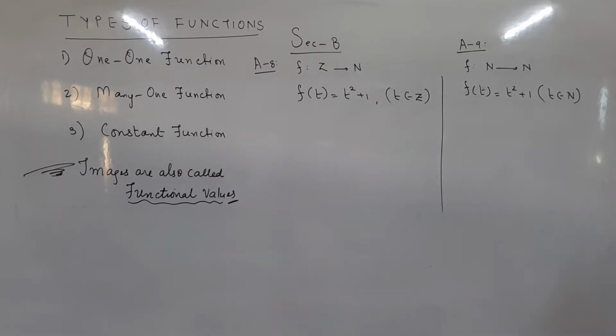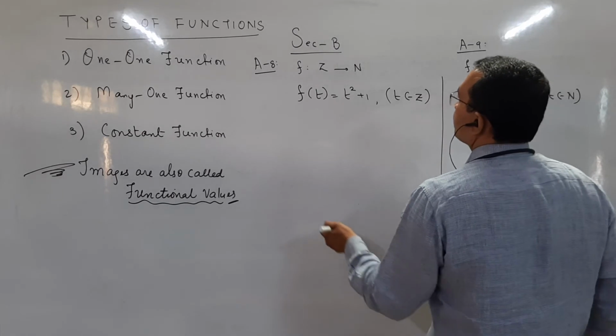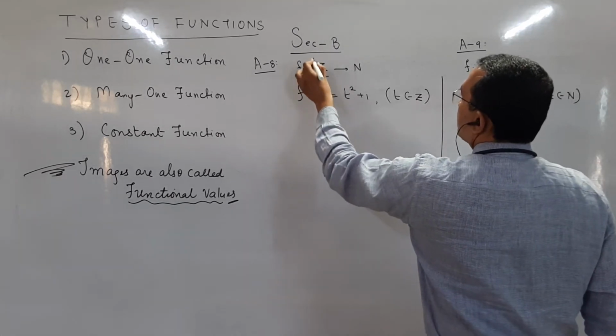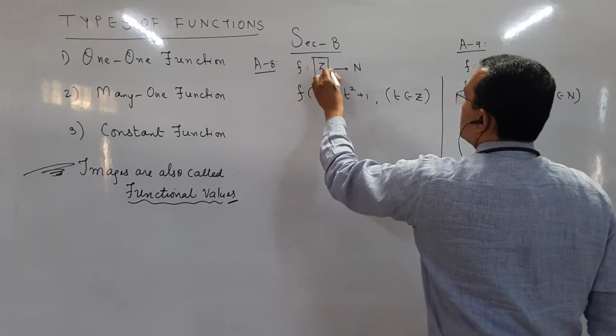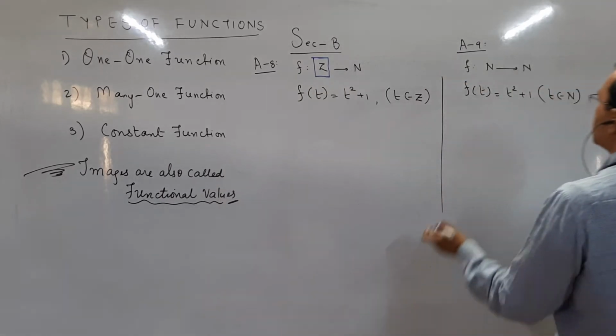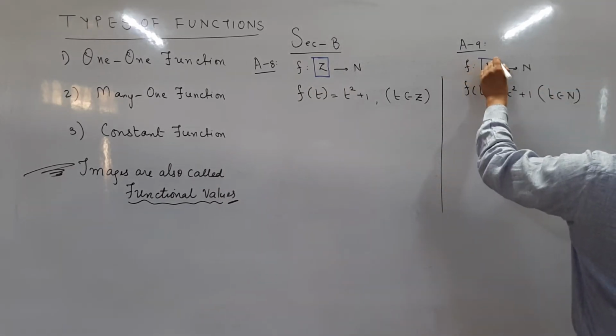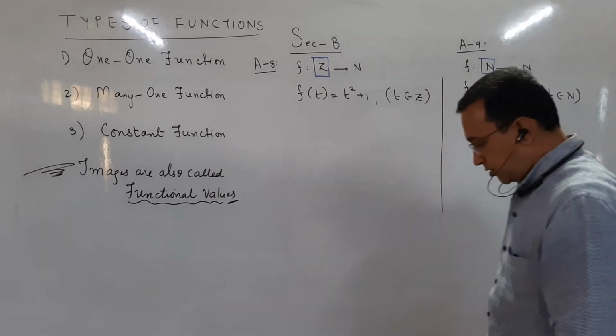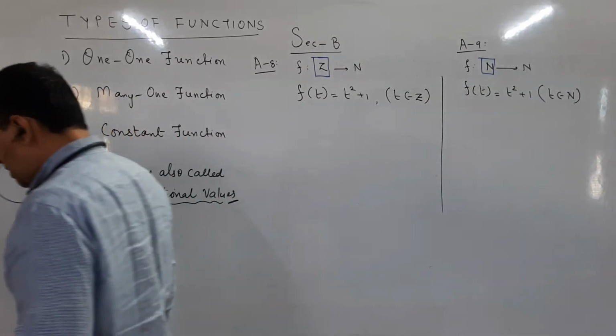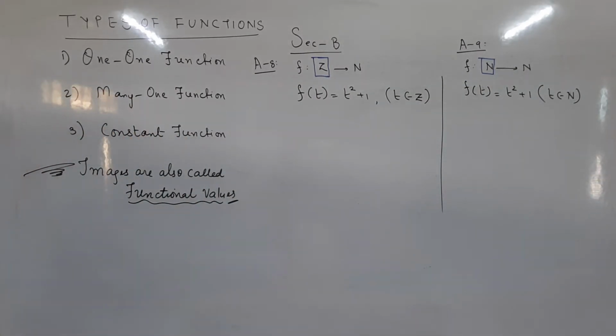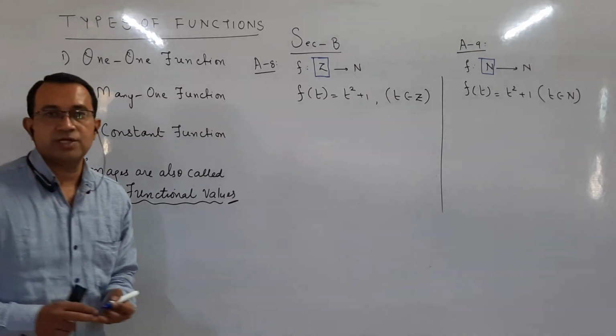The main part of this type of sums is domain. Students, we have to concentrate on domain, because domain is the set of elements for which we have to obtain images.